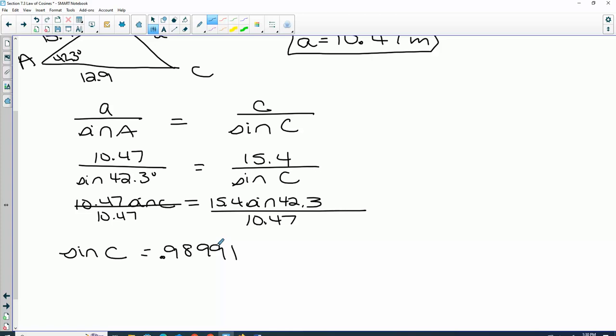And then we know to find the angle, we do sine inverse. So C turns out to be, depending on how we went around, if I round to the nearest tenth, 81.9 degrees.